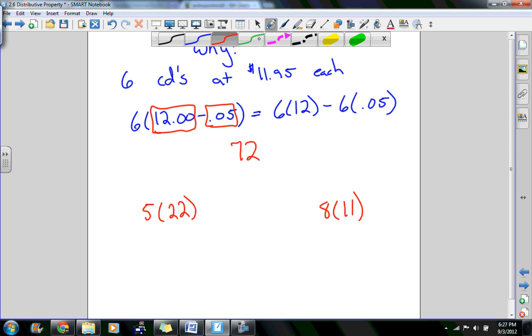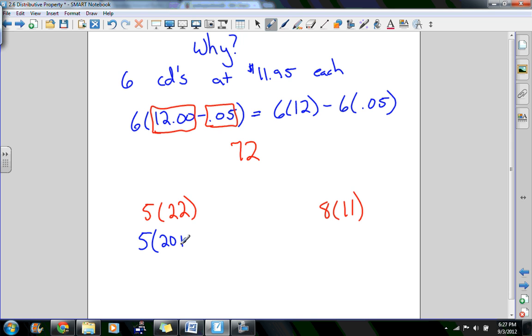Okay, so the same thing down here on these bottom problems. I know it's 5 times 20, so it'd be 5 times 20 plus 2. Well, in real life, you're not going to necessarily break that down all the way, but you will do 5 times 20, which is 100. So you know that your answer is going to be a little bit above 100. Same thing over here.